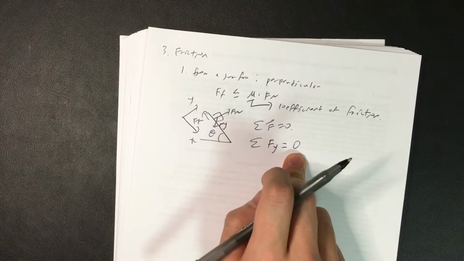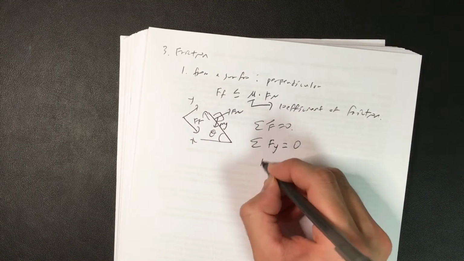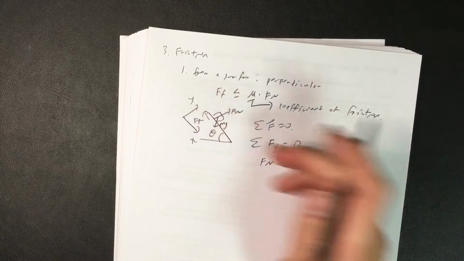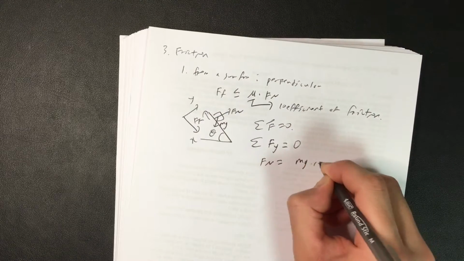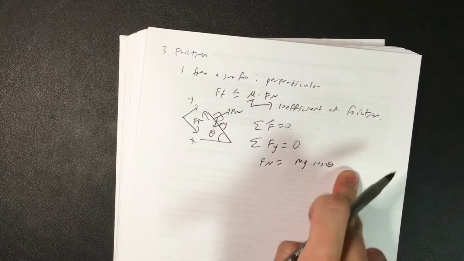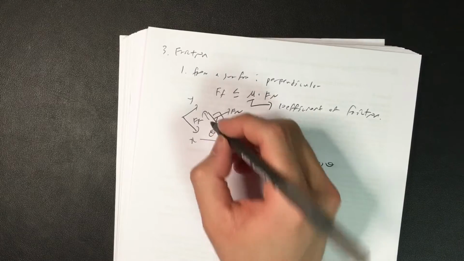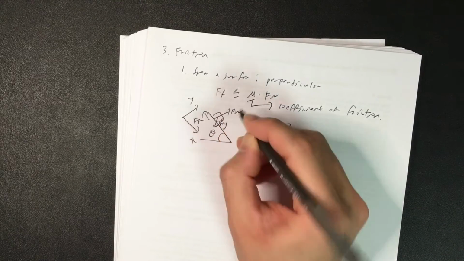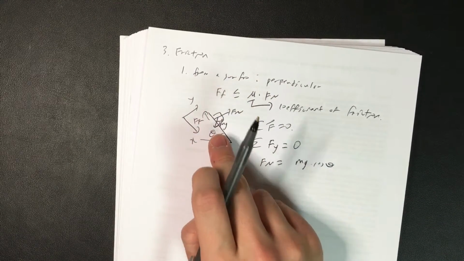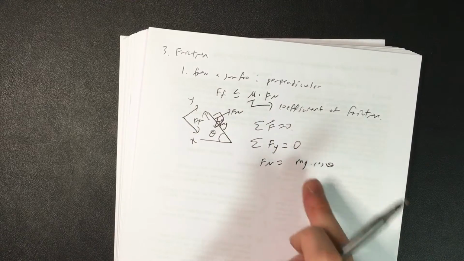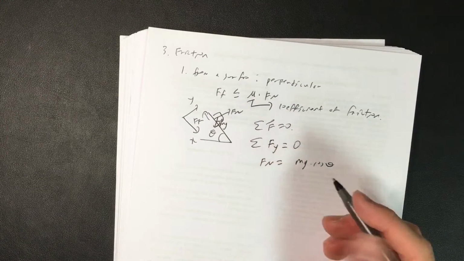Since the summation of the forces along the y direction is 0, the normal force must equal mg times cosine theta. There's cosine theta because, using geometry, this angle here is theta, therefore the y component of the weight equals mg times cosine theta from trig identities.